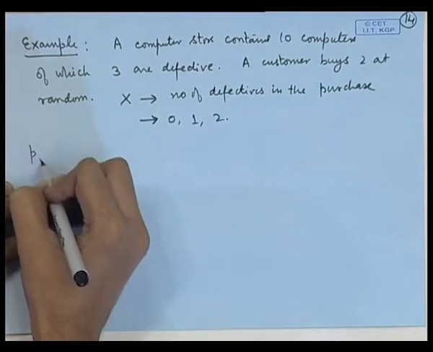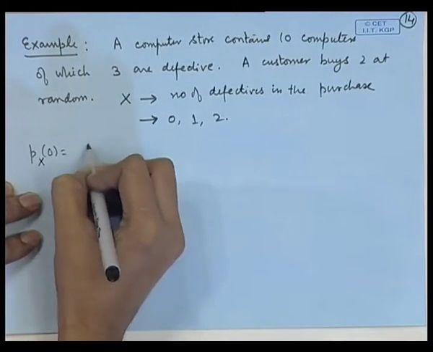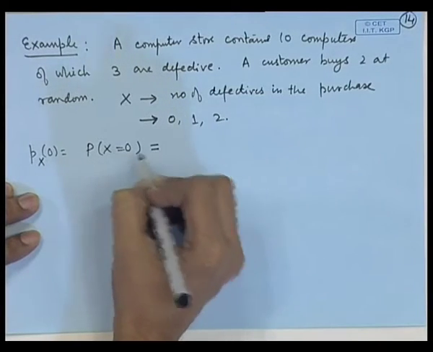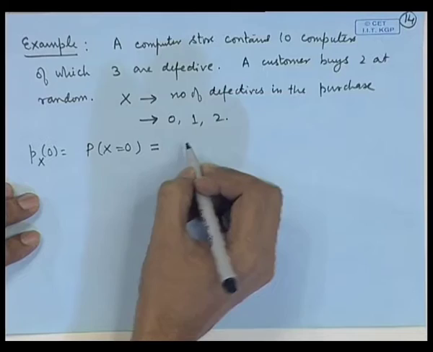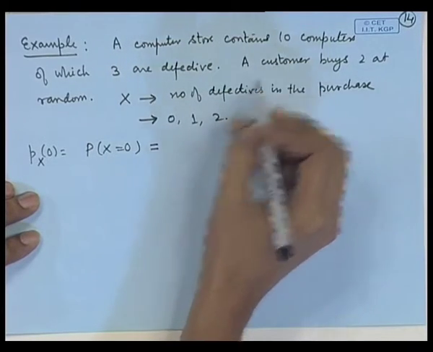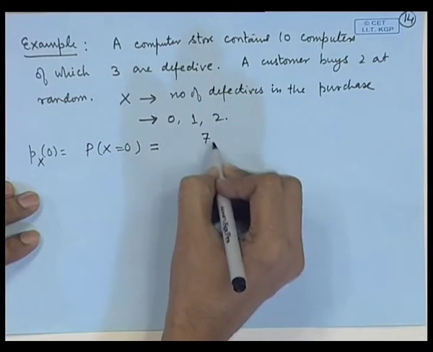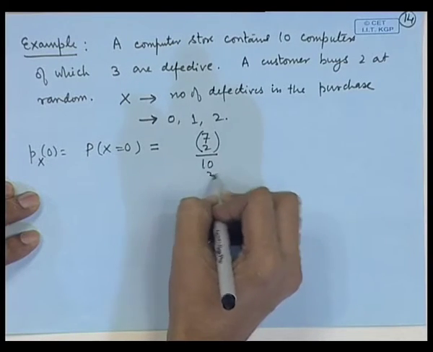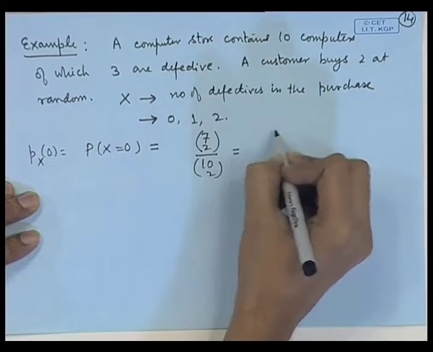So, what is p_X(0)? This event corresponds to choosing 2 out of the 7 good ones, divided by 10C2.